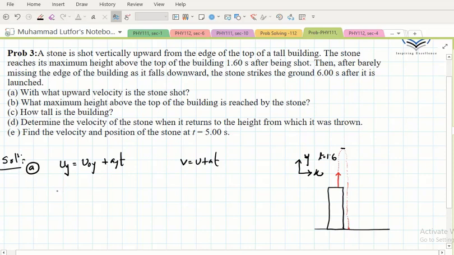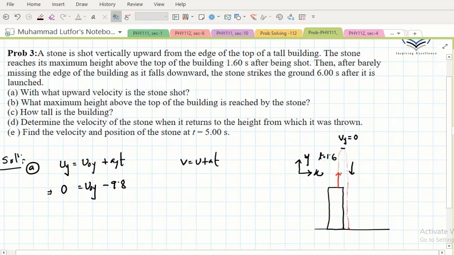The initial velocity is thrown upward, and the final velocity is 0 if it has reached the top point. So 0 equals V0y, which is what I want to find, the initial velocity it was thrown with, minus 9.8 t. The minus sign is because g is acting downward.